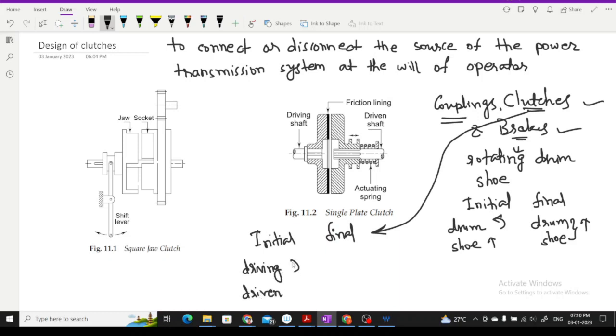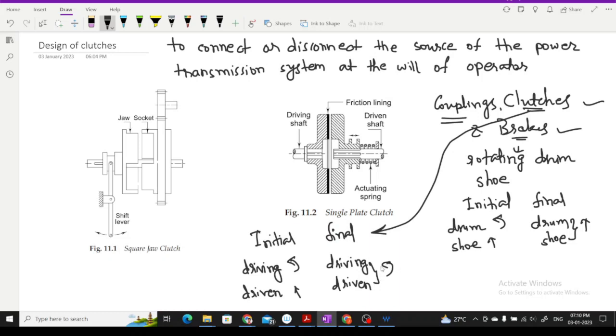The driving member will have rotatory motion while the driven member will be stationary. But after the engagement or application of this clutch, both driving and driven member will have motion. So this is how we are having the basic things regarding couplings, clutches and brakes.